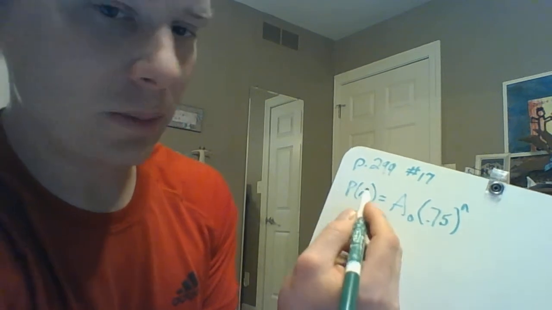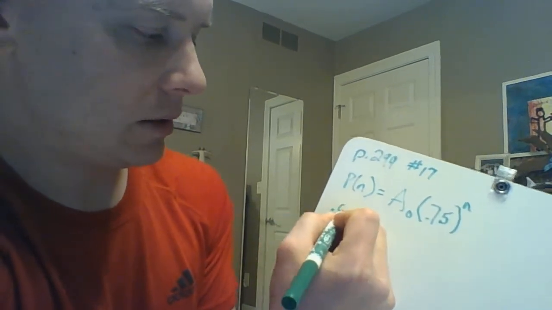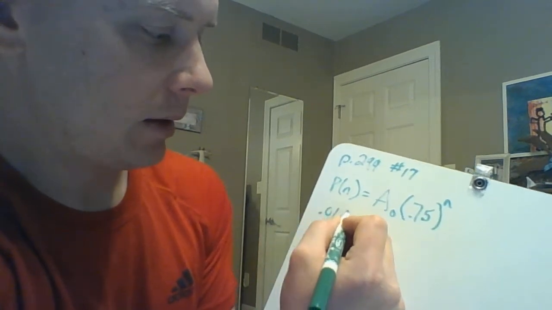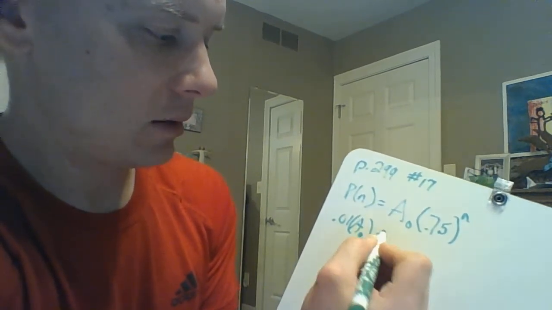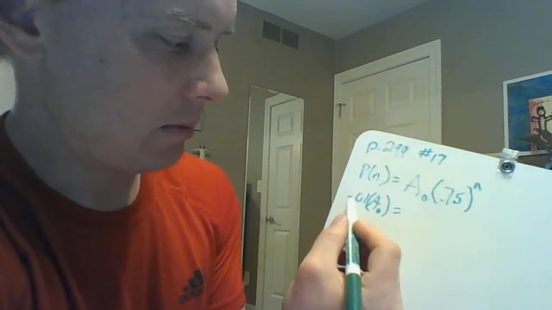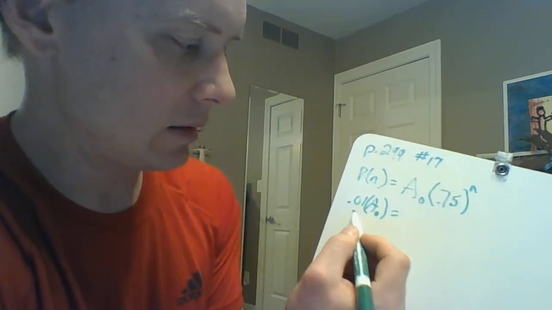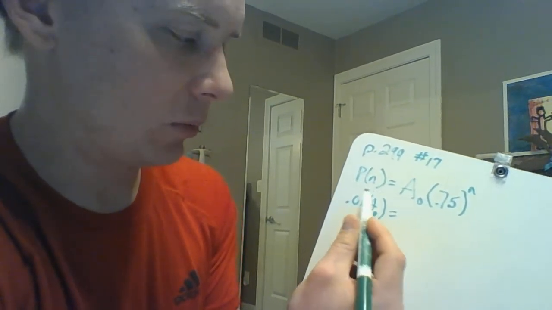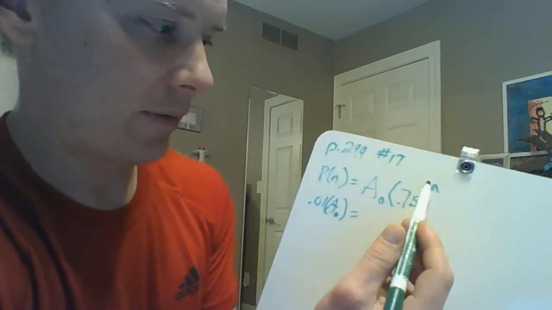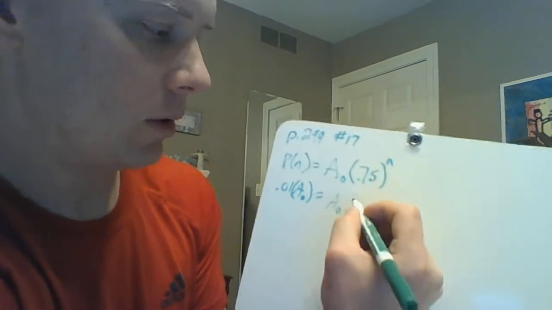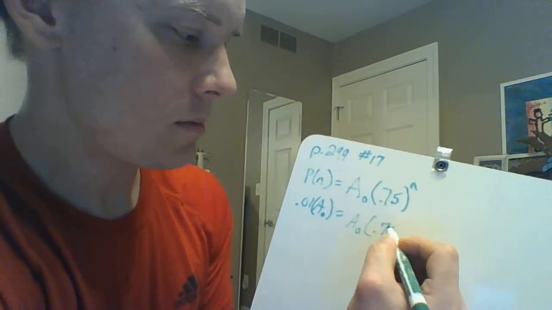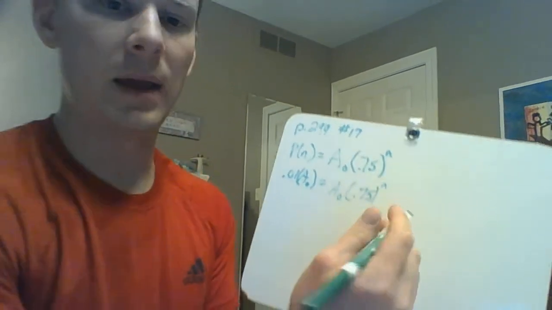So we can replace P of n with 0.01 of a sub 0. Whatever a sub 0 is, this is going to be 1% of that. That's what we want. We want to find n when that's happening. So I'm just substituting that in for the y. And now we're going to solve for n.